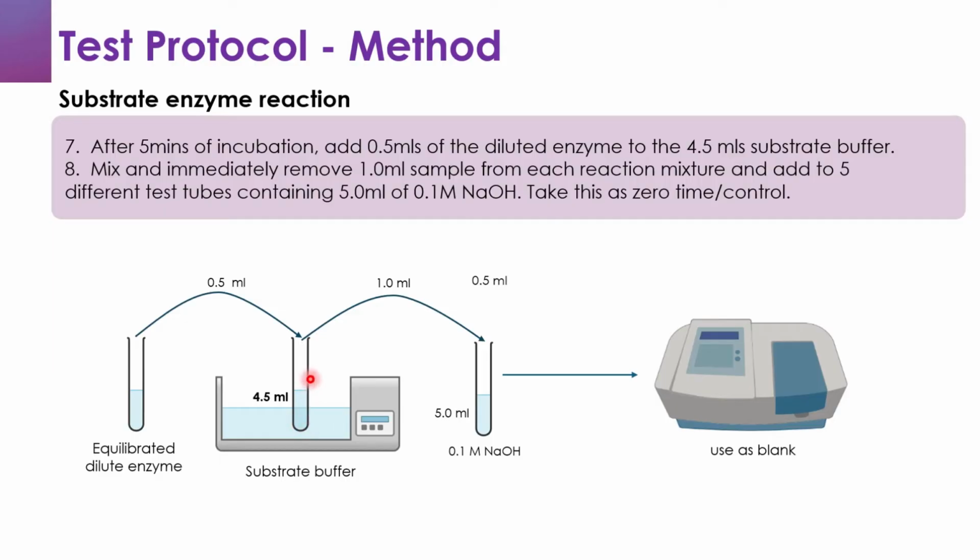Right after adding the 0.5 ml of the equilibrated enzyme, we mix and immediately remove a 1 ml sample from the reaction mixture and add to a different test tube containing 5 ml of 0.1 molar sodium hydroxide. The role of the sodium hydroxide over here is to stop the reaction. So we take this as 0 time, or control, against the rest of the incubation that we will be doing.